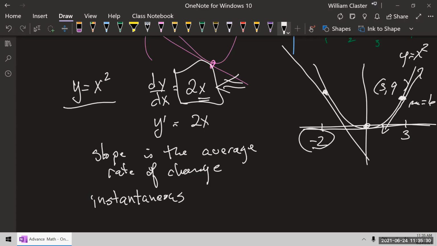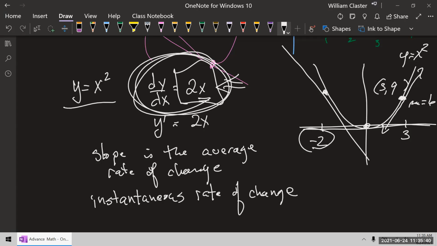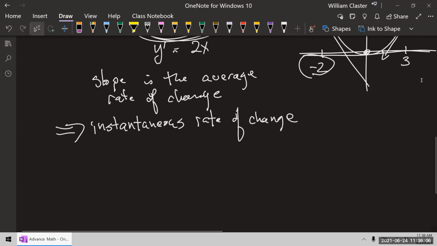Instantaneous, yeah. Rate of change. So the derivative of this thing gives us the instantaneous rate of change. So it's instantaneous in the sense that at each point it's different, and the derivative tells us at any point. So that's called the instantaneous rate of change. Okay, so that's what the derivative means in calculus. So that's a very quick introduction to the derivative.